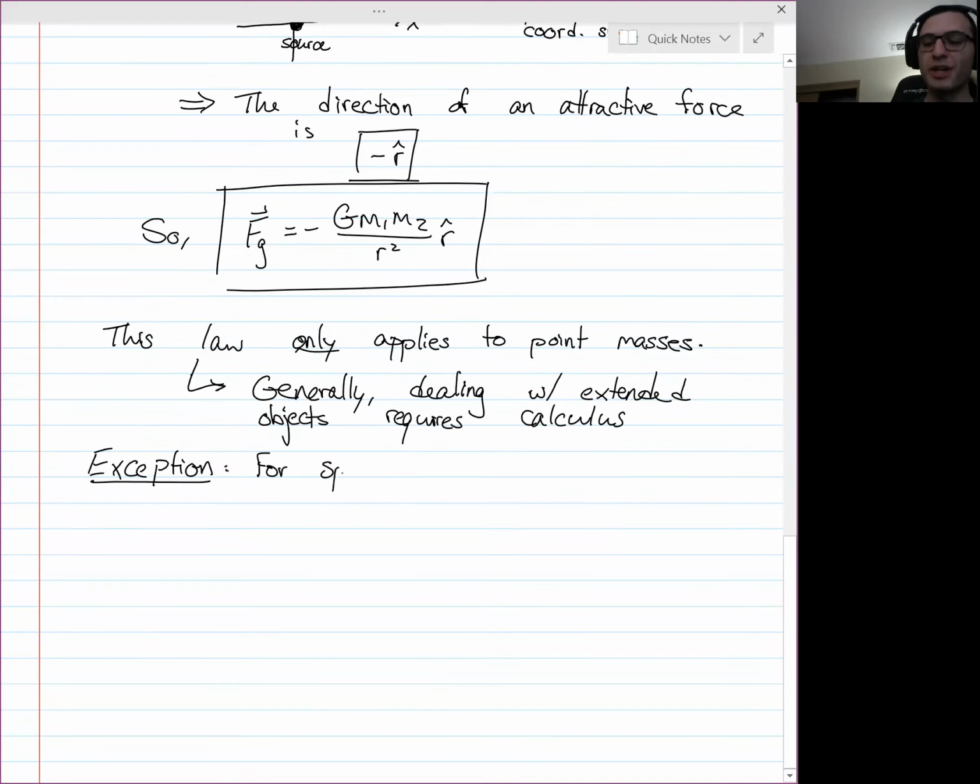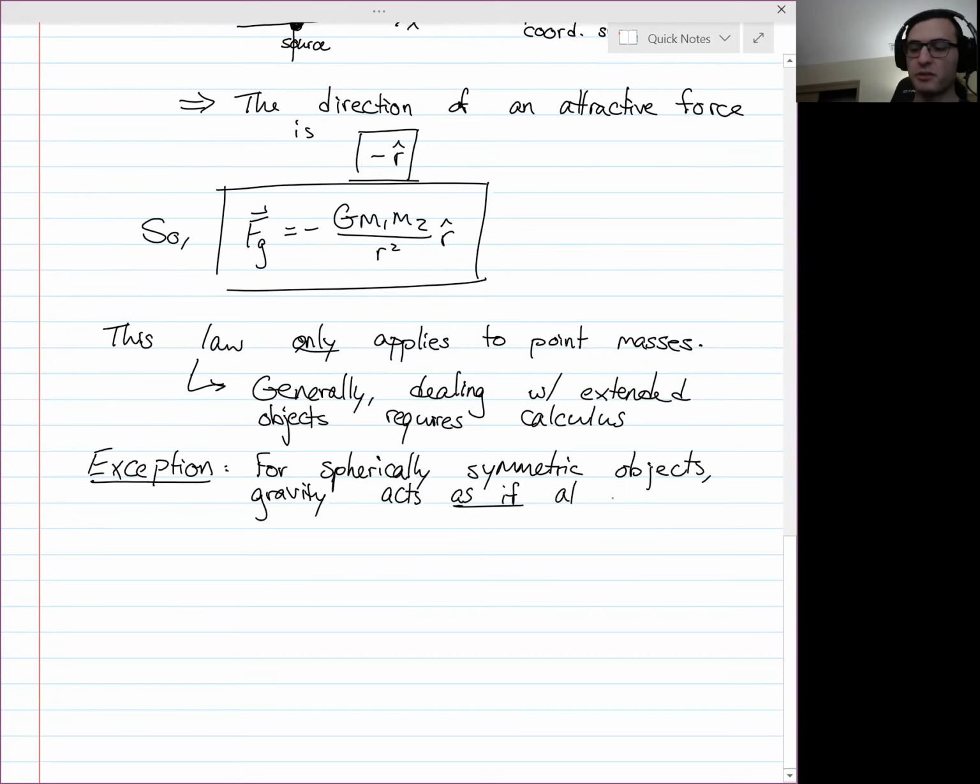For spherically symmetric objects, gravity acts as if all of the mass was at the center of mass.